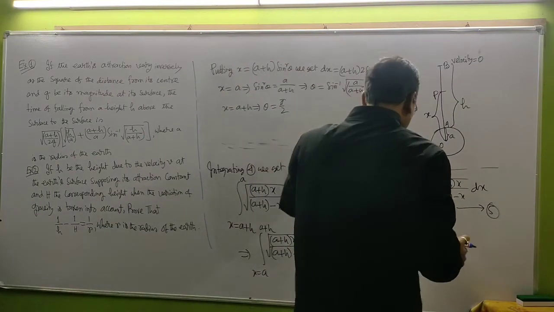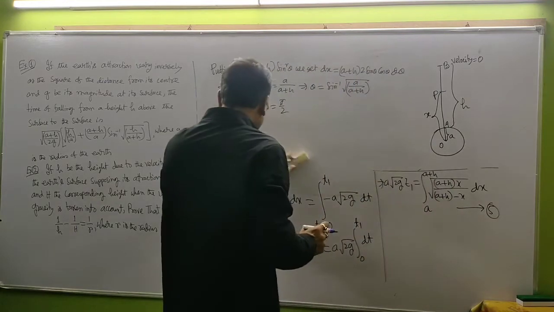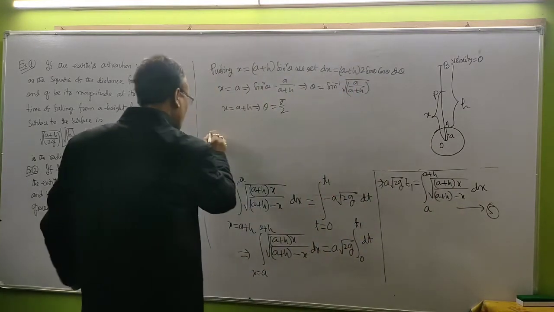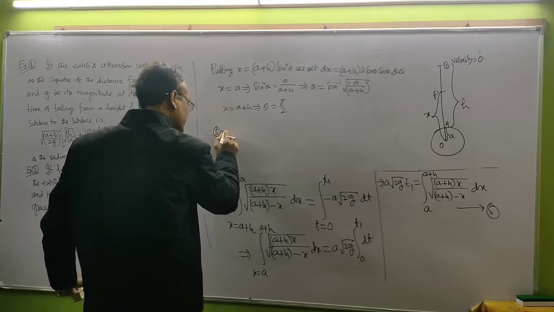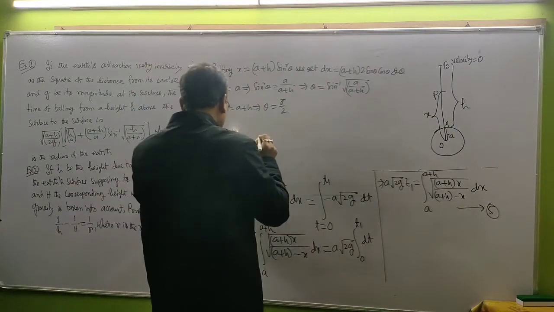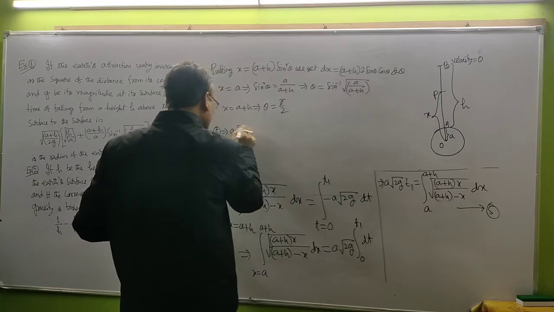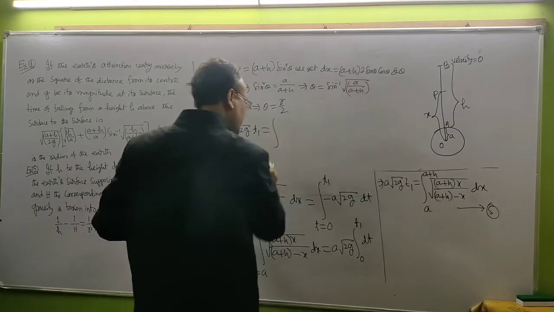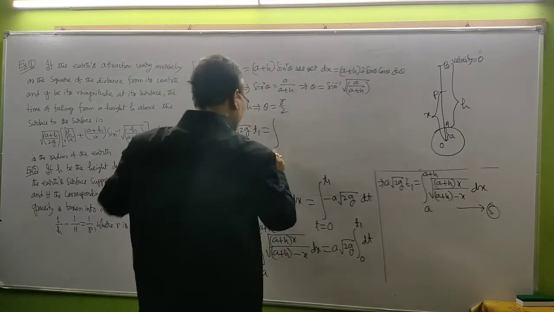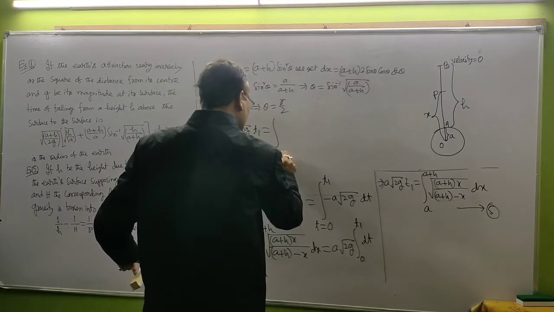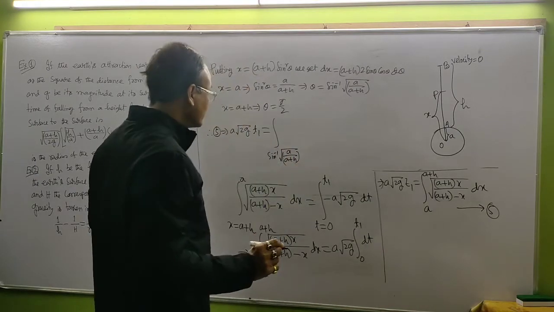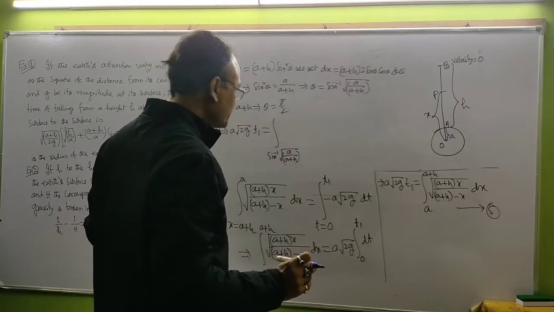Then the integral on the right hand side of equation number 5 will become: 5 implies a root over twice g t1 should be equal to the integral. When it is a, theta is sin inverse under root a divided by a plus h.